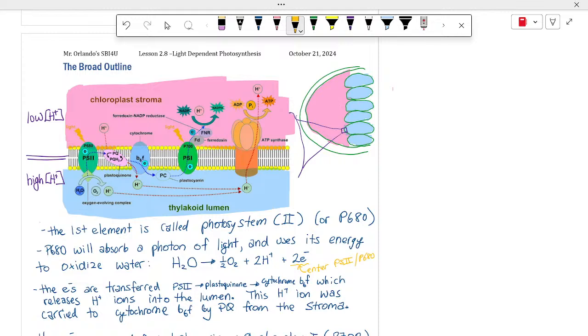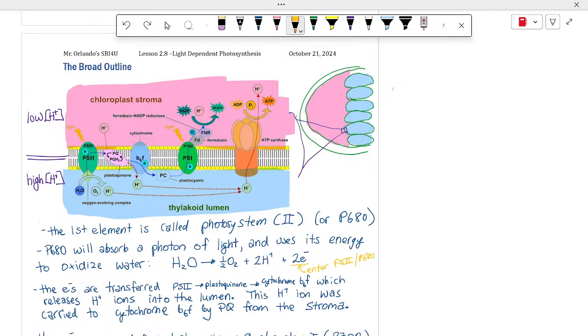All right? We're not going to worry about the specific numbers in this case because there's all kinds of things that factor into the efficiency of this process, and it's not the main concern. But the basic principle is we absorb photons of light, we produce NADPH, and we produce ATP. Is that fair? Does that feel okay? All right.